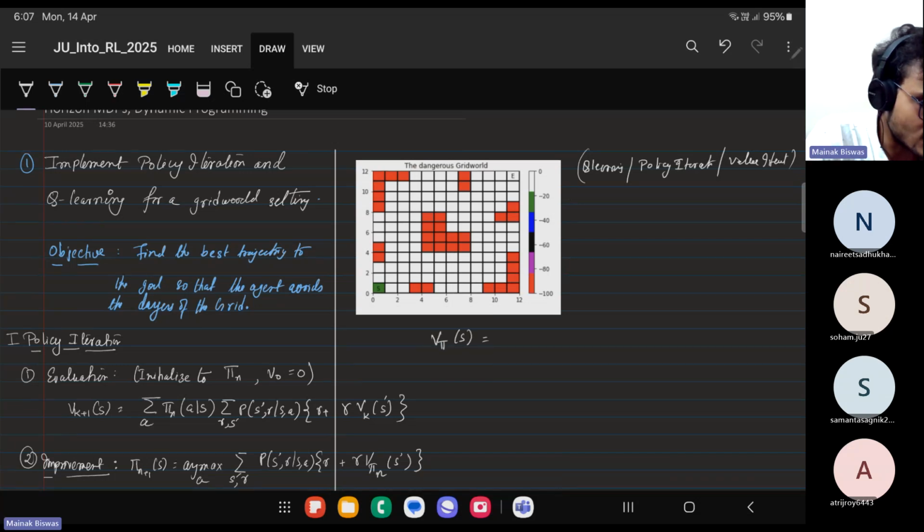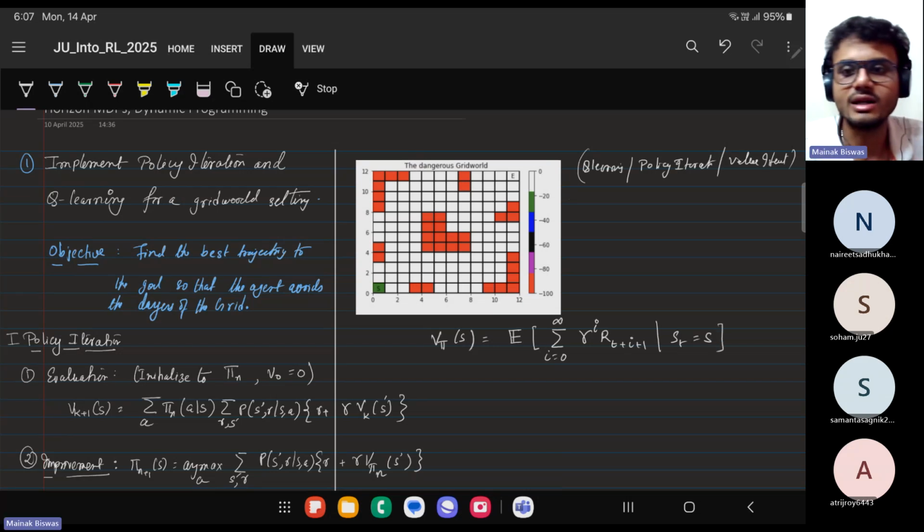the value function of a state is defined as, what is it defined as? Say at a time t, the sum from i equal to 0 to infinity of gamma to the power i times r at t plus i plus 1, given s_t is equal to s.